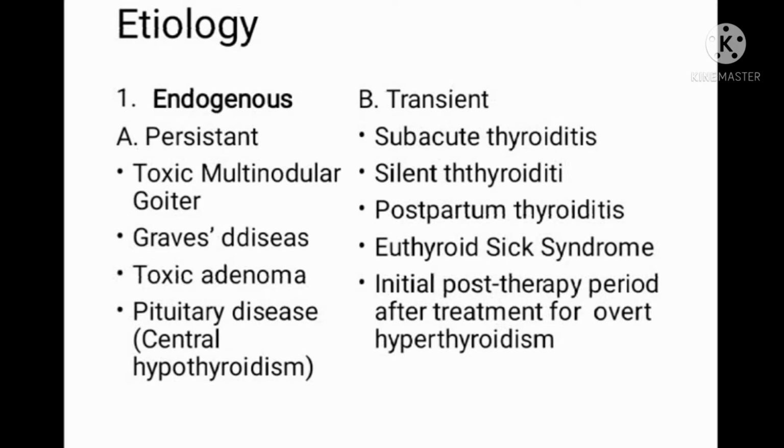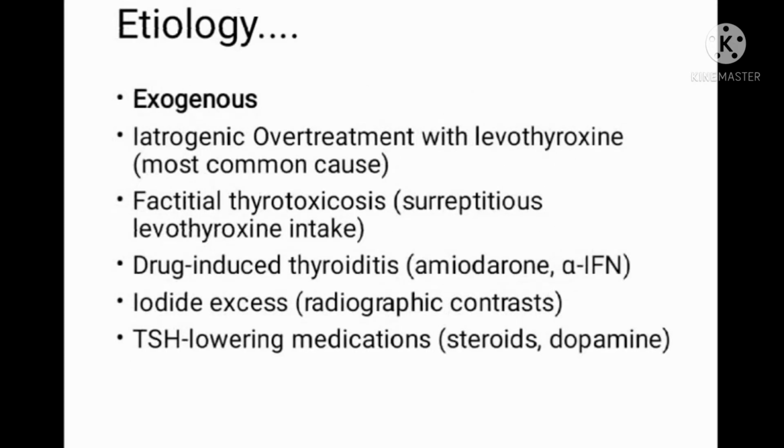When you see the exogenous causes of subclinical hyperthyroidism, iatrogenic overtreatment with levothyroxine, T4, is the most common cause, and other causes could be drug-induced thyroiditis like amiodarone and interferon alpha. Patients taking amiodarone have a high risk of iodine uptake because 37% of amiodarone by weight is iodine.